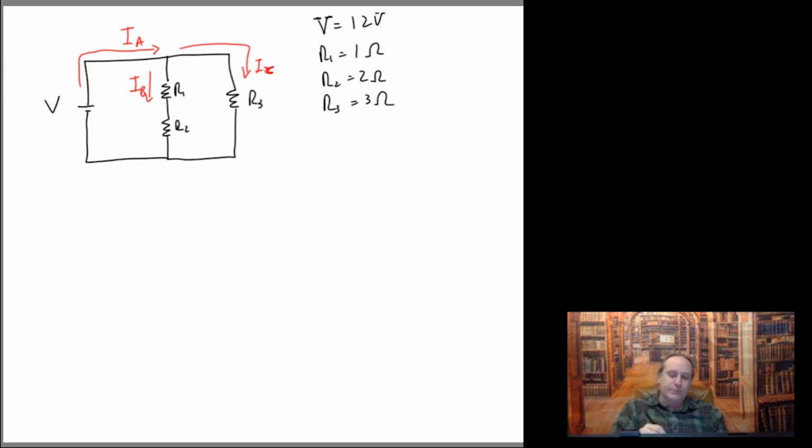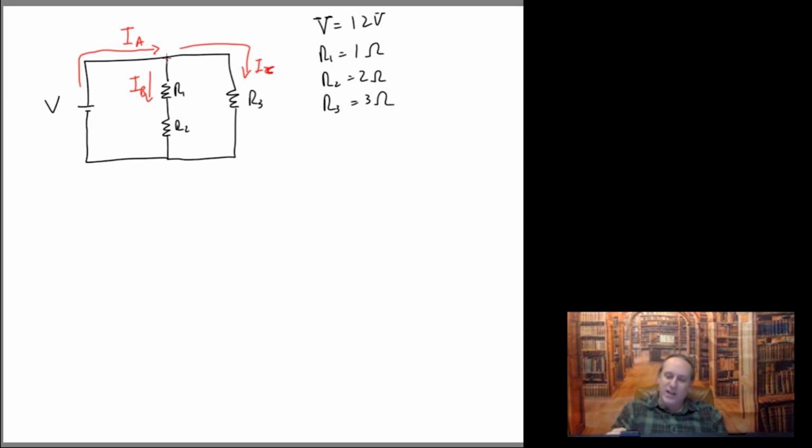So let's see what equations we can write. First of all, how many junctions do you see in this circuit? How many junctions or nodes? Two. Yeah, there's two. Where are they?